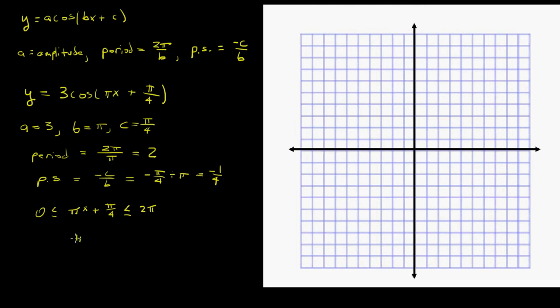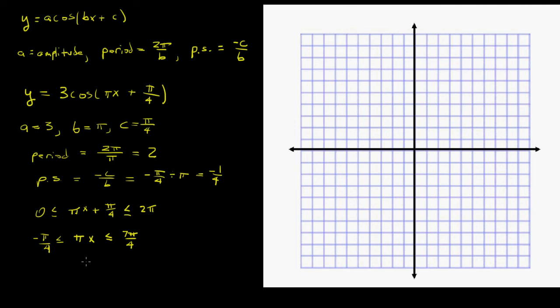So the first thing I would do in solving for x would be to subtract pi over 4 from all three expressions. 2 pi minus pi over 4, let's see, 2 pi would be 8 pi over 4 minus 1 pi over 4 would be 7 pi over 4. And 0 minus pi over 4 is negative pi over 4.